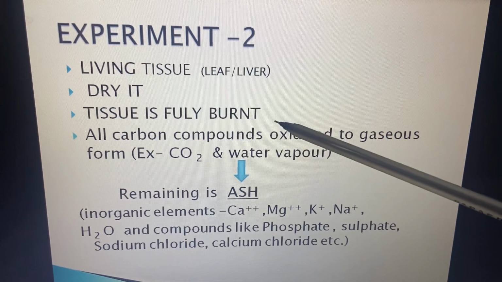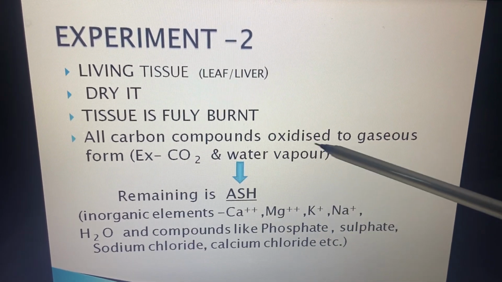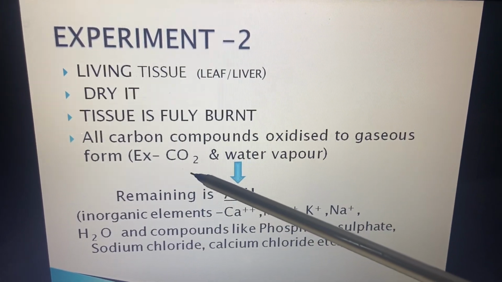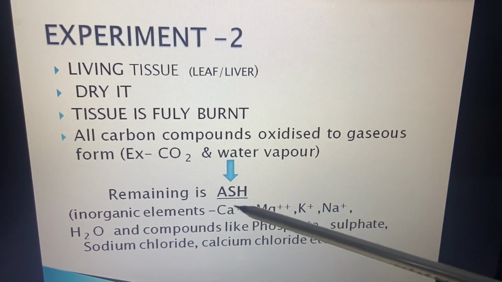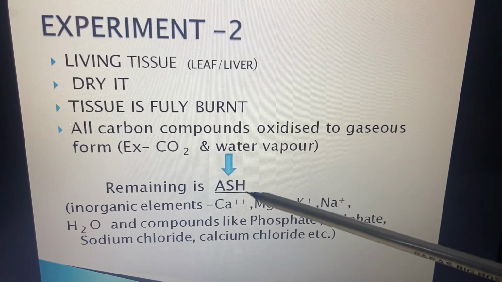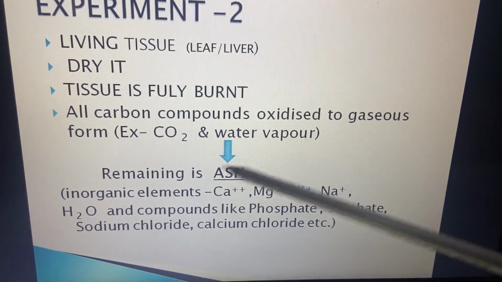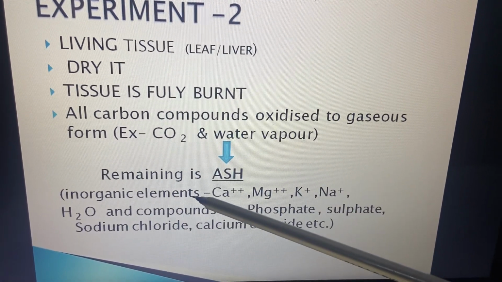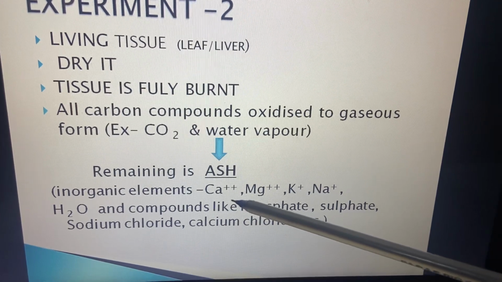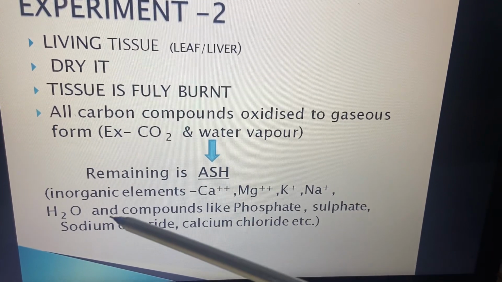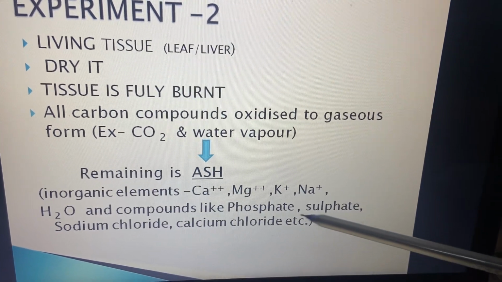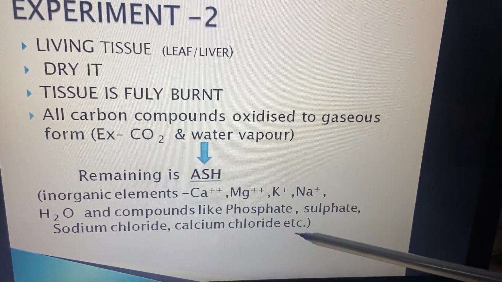After the tissue is fully burned, we know that all carbon compounds are oxidized to gaseous form, for example CO2 and water vapor, and what remains is ash. After chemical analysis, we found that this ash is composed of inorganic elements like calcium, magnesium, potassium, sodium, and compounds like phosphates, sulfates, sodium chloride and calcium chloride.